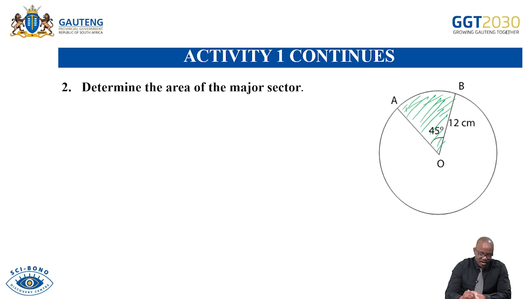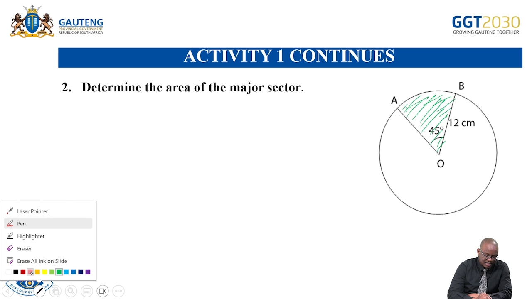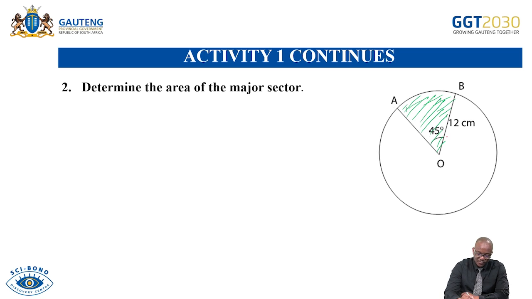For us to determine the area of a major sector, we now need the angle of the bigger sector. We know that if that angle is more than 180 degrees, we call it a reflex angle. So how do we get the reflex angle there?